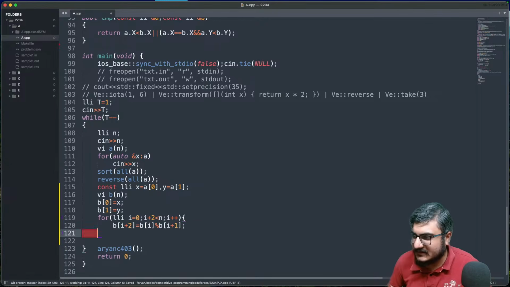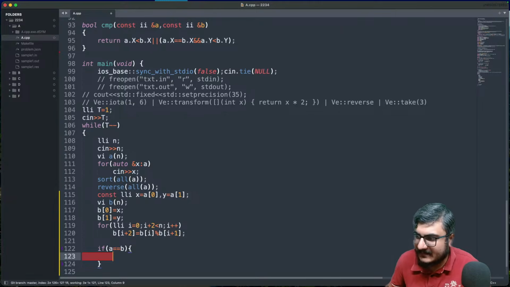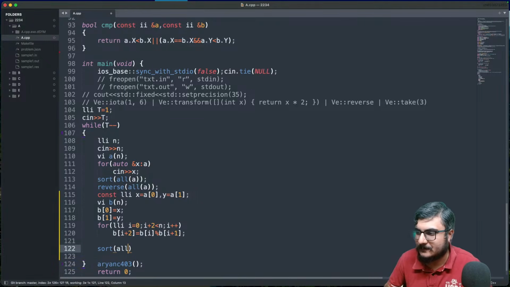So we can generate the sequence. Now if A is equal to B, essentially I can just check if the set of A and B are the same or not.